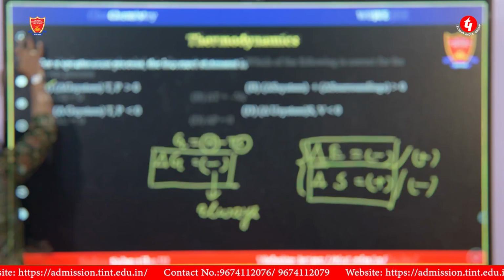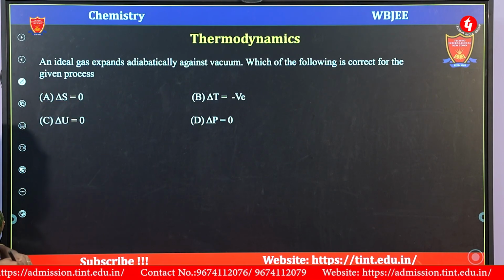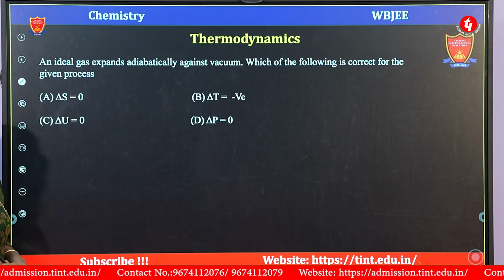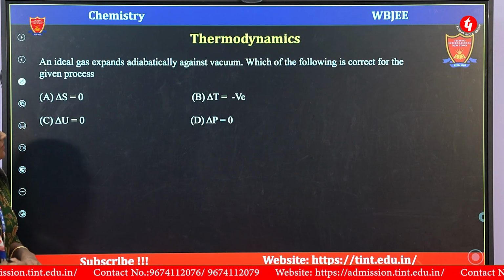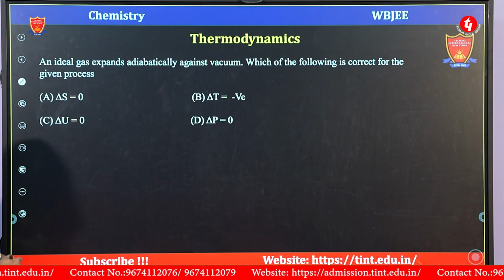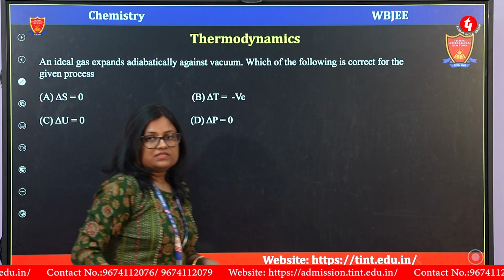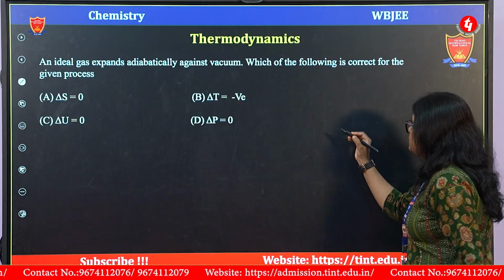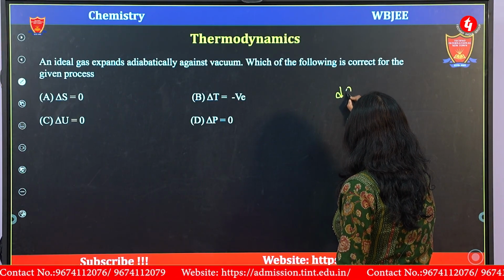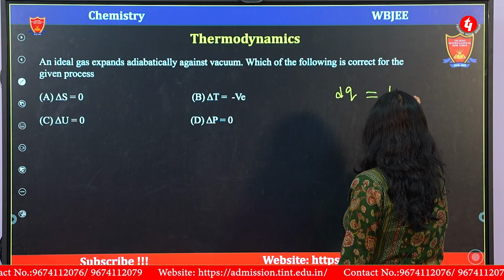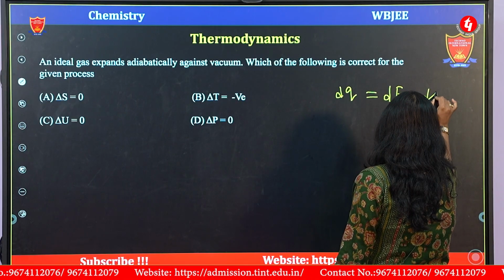Next question. An ideal gas expands adiabatically against vacuum. Which of the following is correct for the given process? First, the process is adiabatic. From the first law, we know dq equal to dE minus dW.